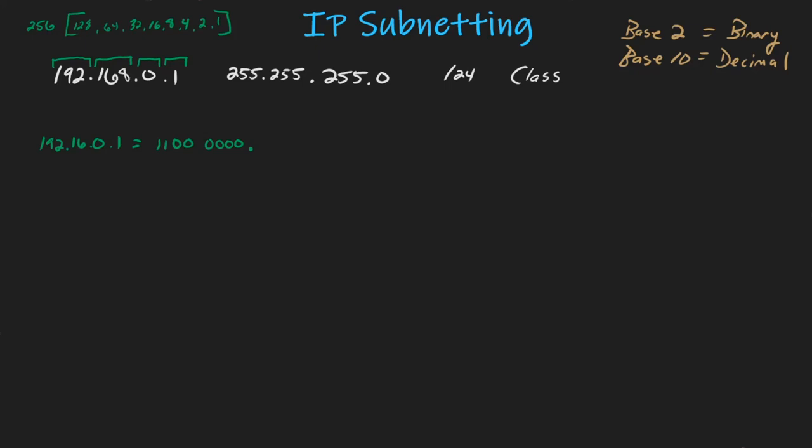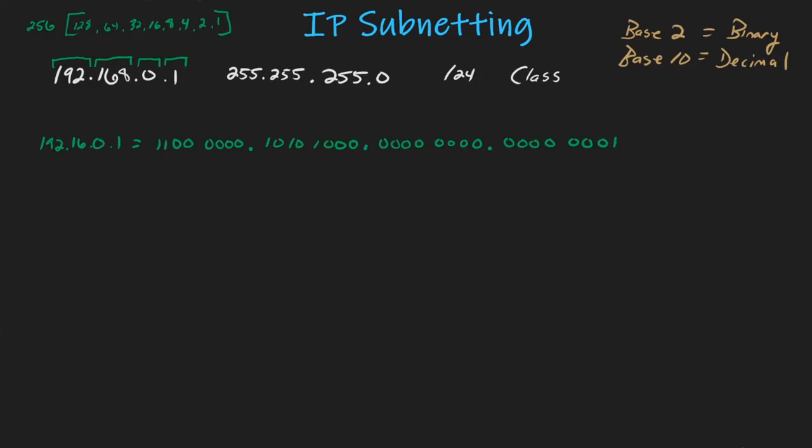Now we'll go down to 168, which is 10101000, and then 0 is super easy. We have 00000000, and then 1, the last octet, is also very easy. 00000001.